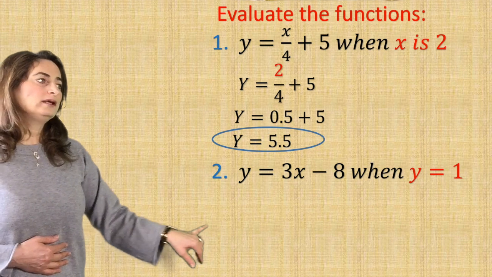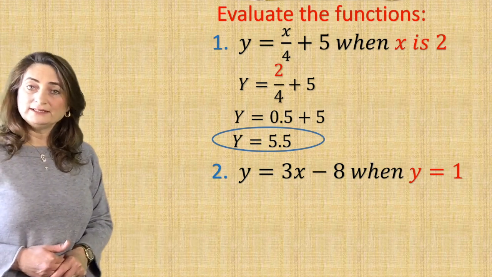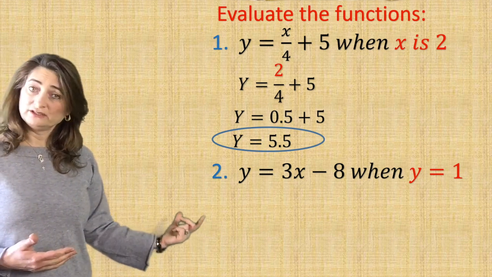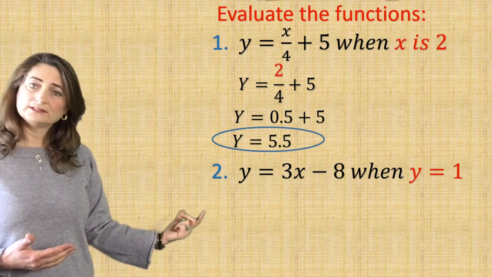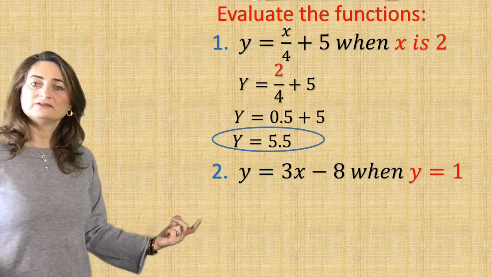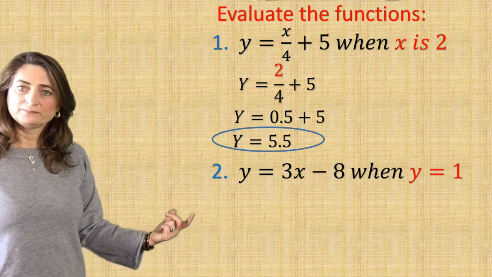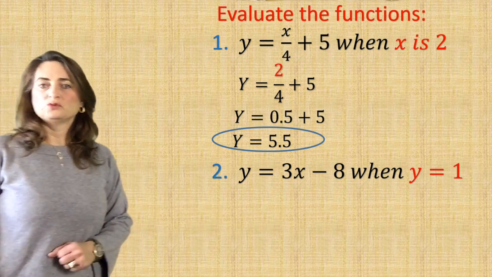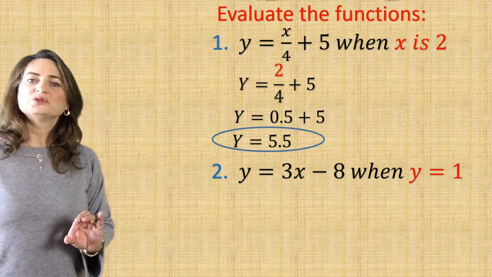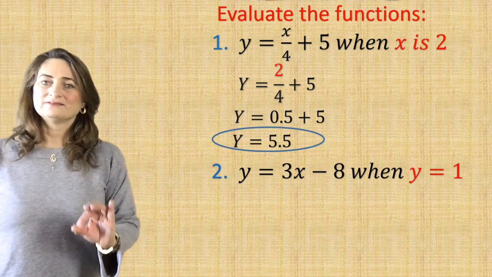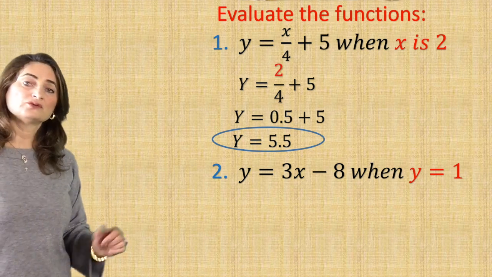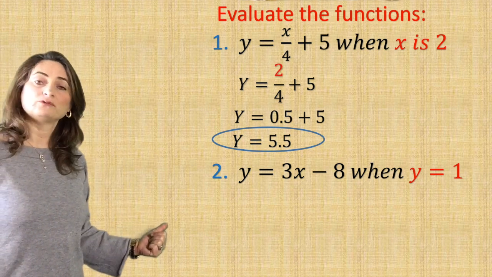Second example, y equals 3x minus 8. Again, this is a function or an equation. All they did today is change the name. Instead of an equation, they named it a function. When y equals 1, make sure you substitute the right variable with that number. So this time you're substituting y with 1.